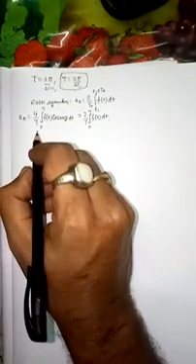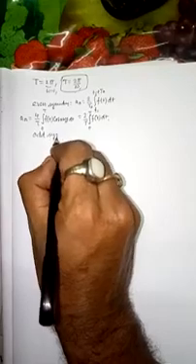Otherwise, if it is odd symmetry, it should be 4 by T integration 0 to T f(t) sin(n omega t) dt, with some arbitrary omega 0, okay, the base frequency.